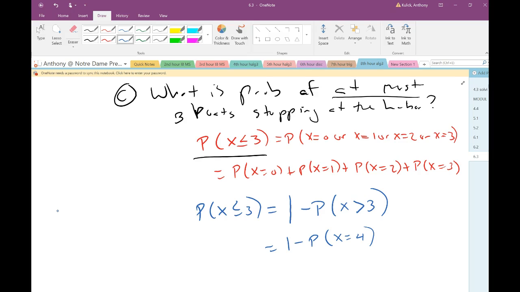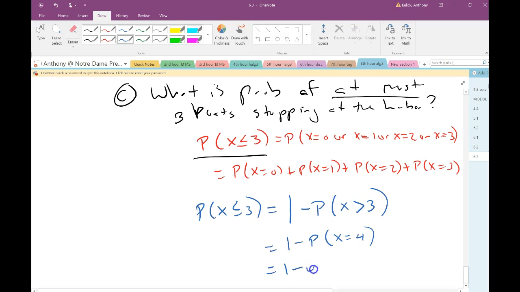If I want the probability of that not happening, I can just do 100% minus the 17, and that's going to give me everything where that doesn't happen. That's the same idea we're using here. It's just the 100% minus the stuff that doesn't.